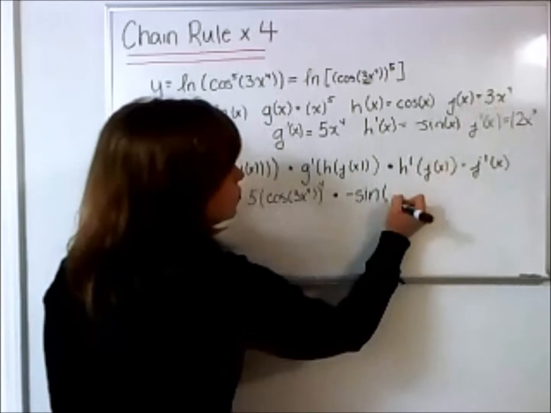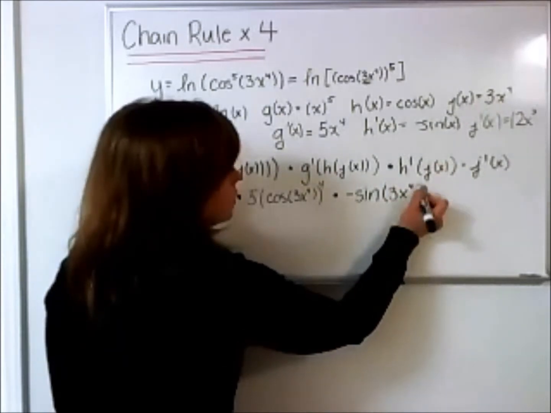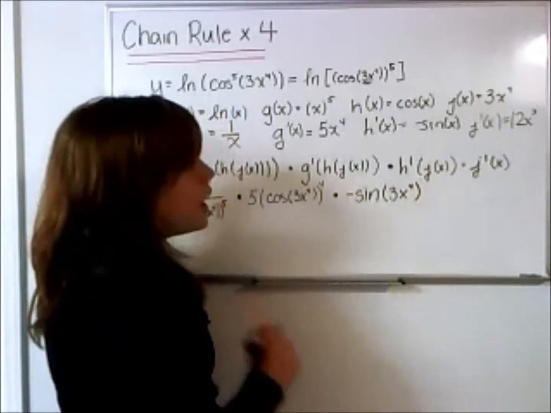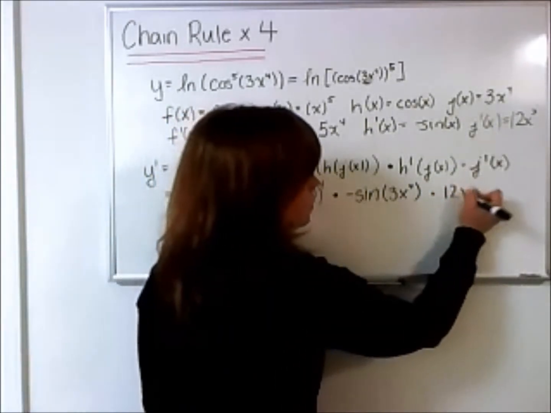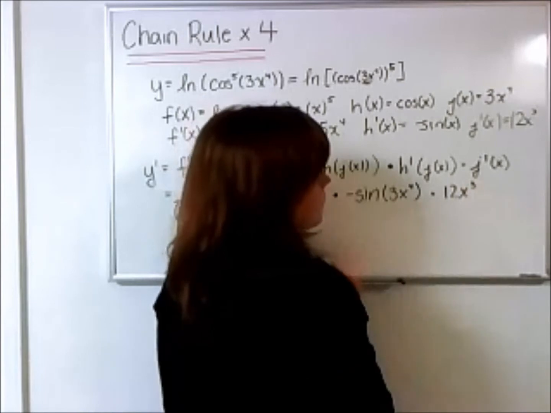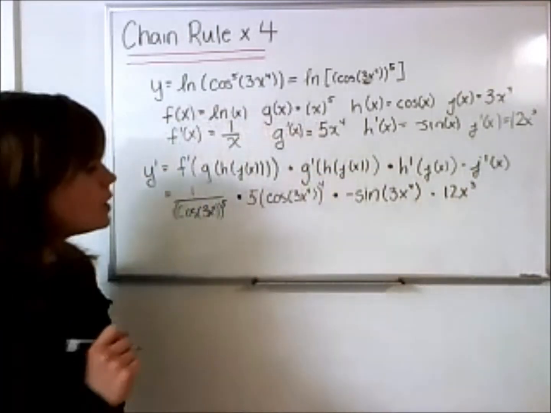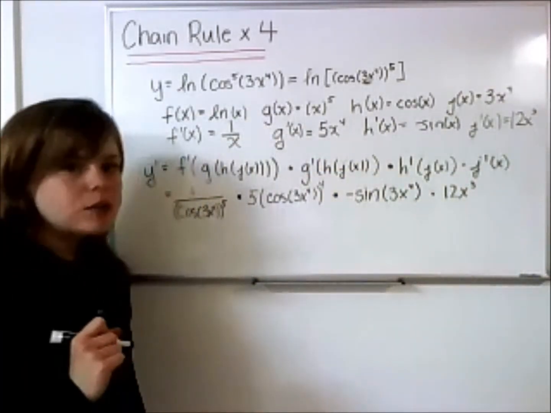J of x is 3x to the 4th. Okay, and finally I can just add in this j prime of x. So now the calculus is actually done, and it is time to do some simplification.